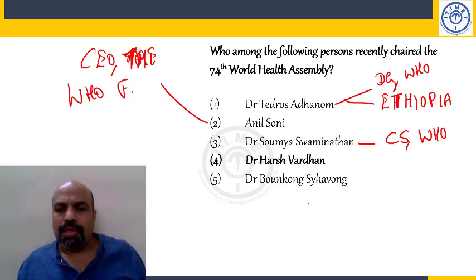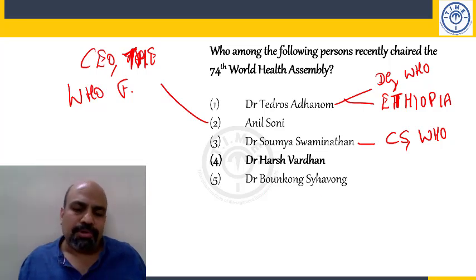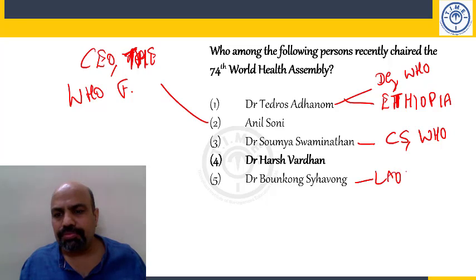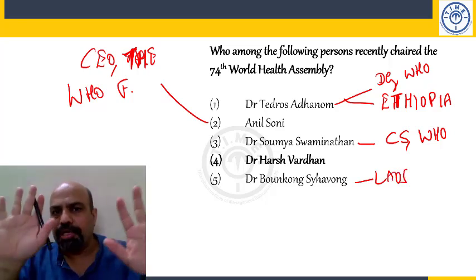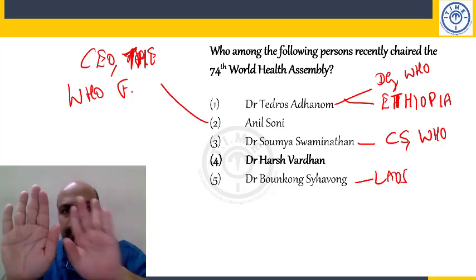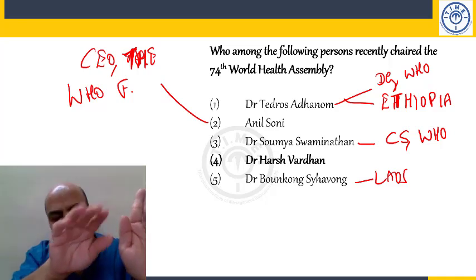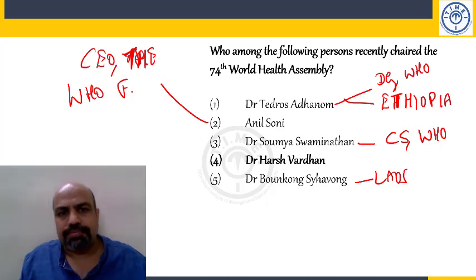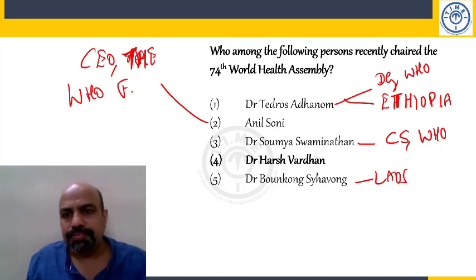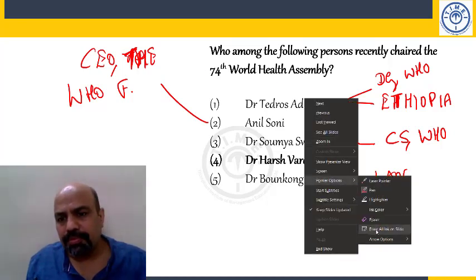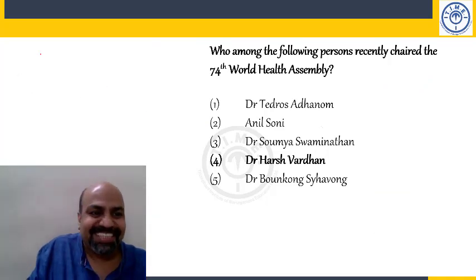Who is this Bukong Saiwong? You don't have to write. He is a health minister of a country called Laos. You look at India. Okay. This is India, Myanmar. Next is Myanmar. Thailand. Then if you look at, I'll draw it. A little bad, but it's okay.